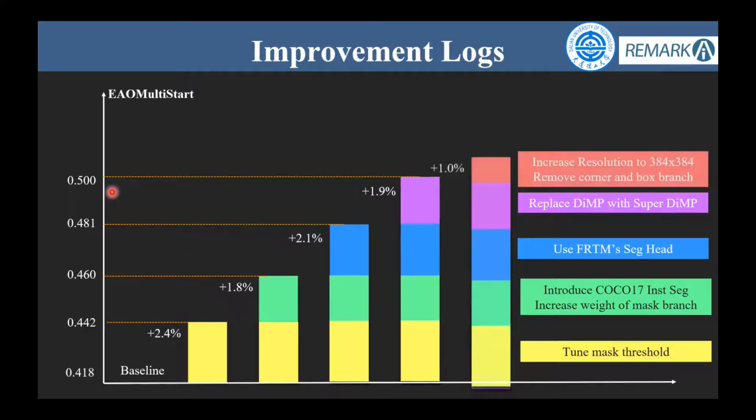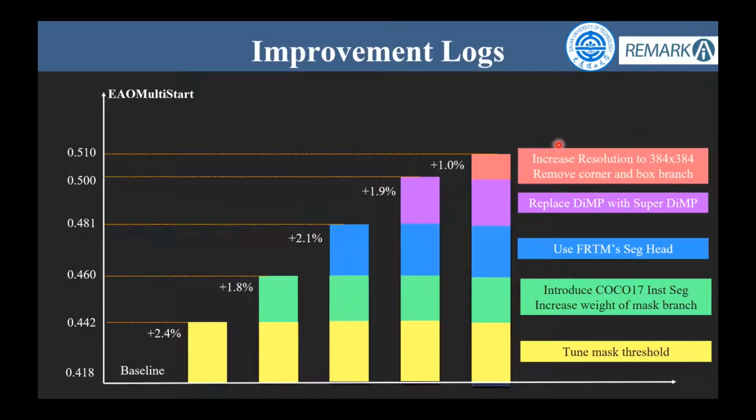Finally, we increased the resolution of AlphaRefine from 256 by 256 to 384 by 384 and removed the corner and mask branch. We get a performance gain of 1%. The final EAO multi-start is 0.510.